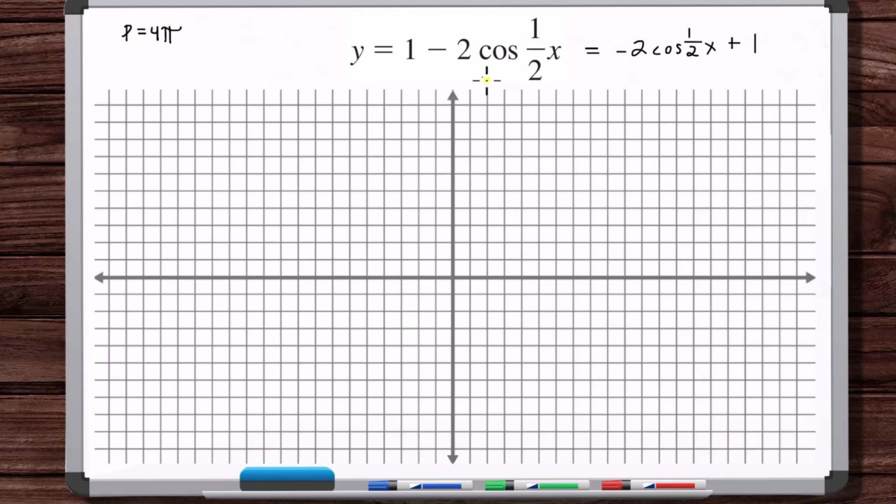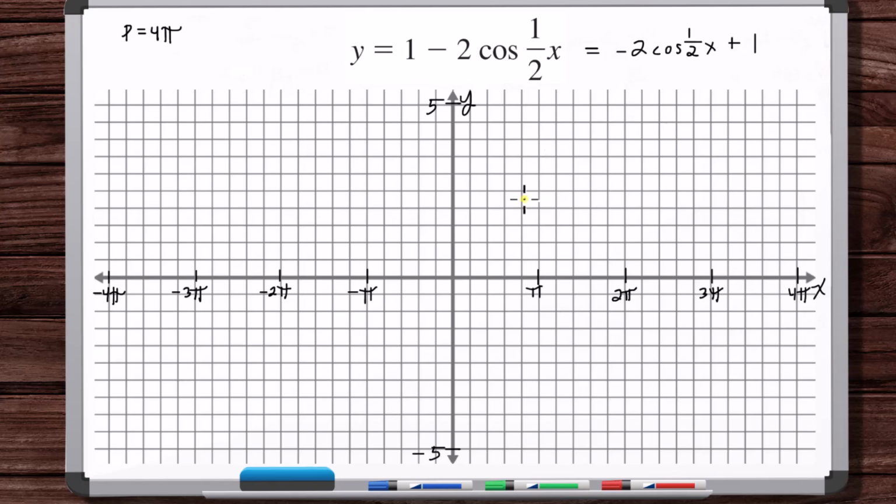All right, so let's see. Now the amplitude is scaled up by 2, and then we've shifted up by 1. This should be a good scale here again.